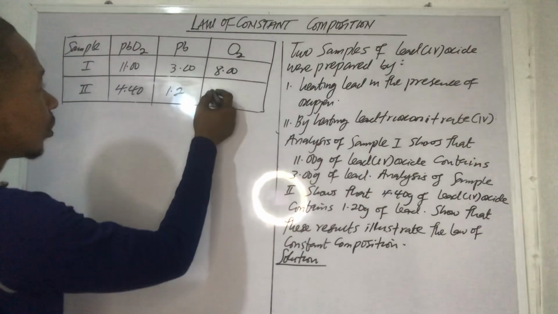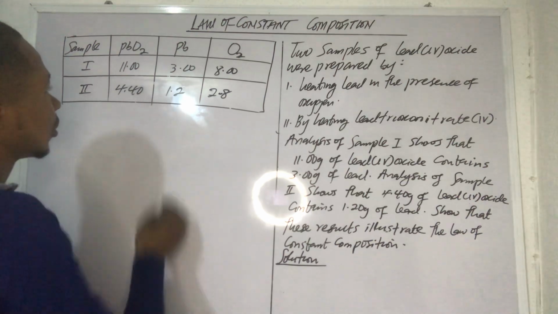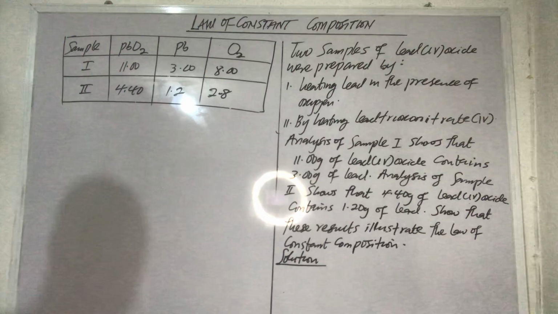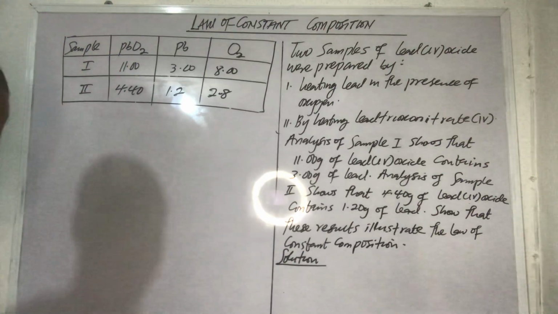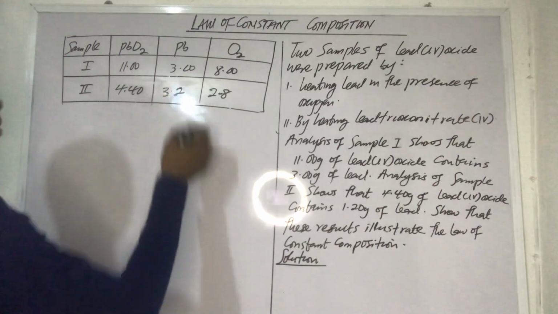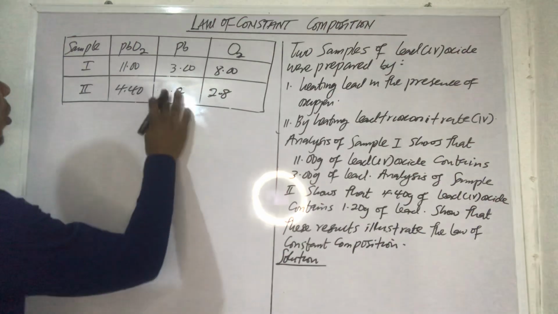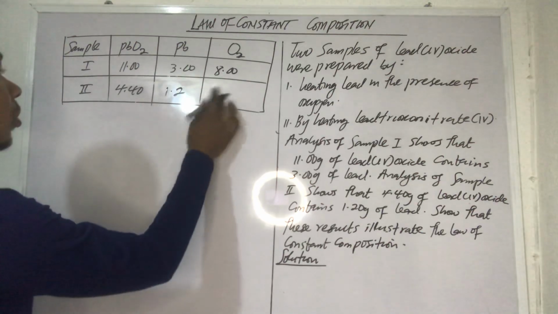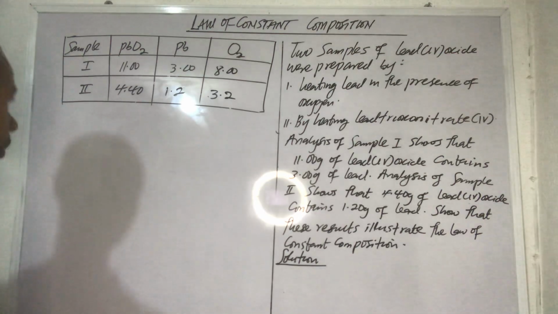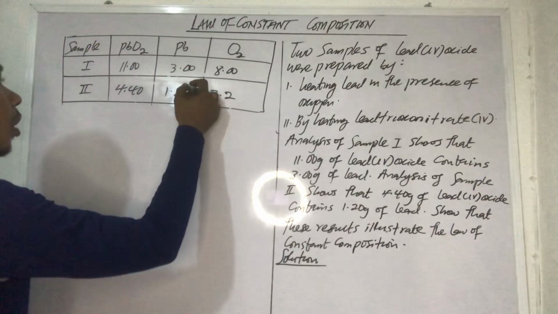Then to find the mass of oxygen, that's 4.4 minus 1.2, which is 3.2 gram.